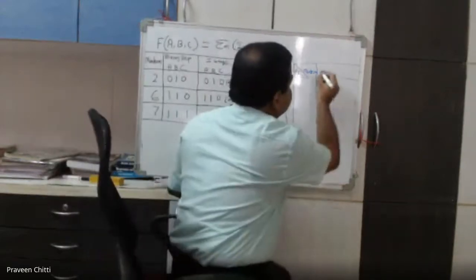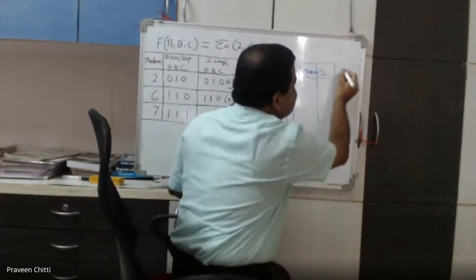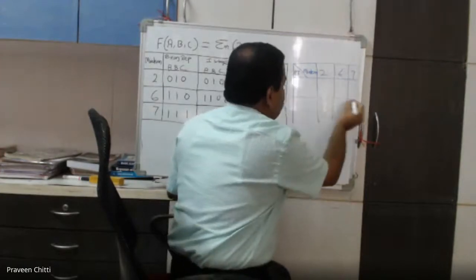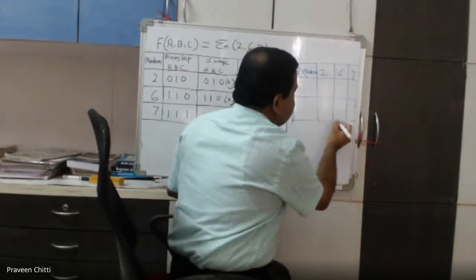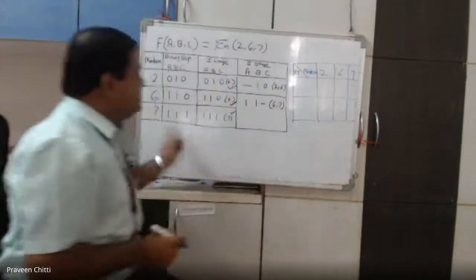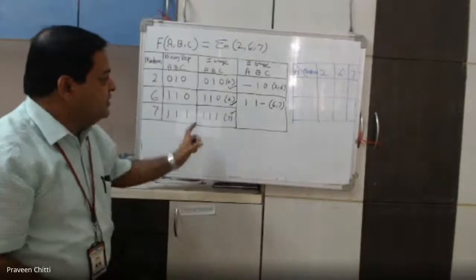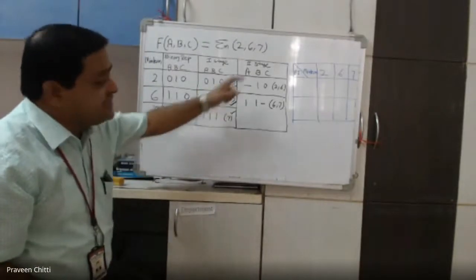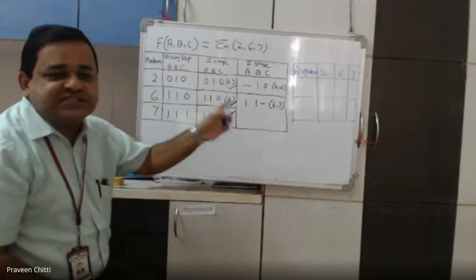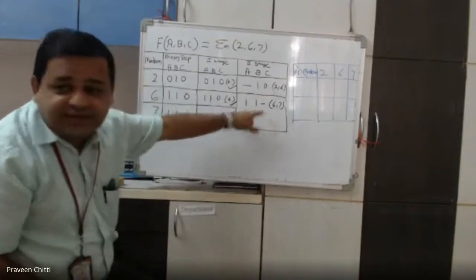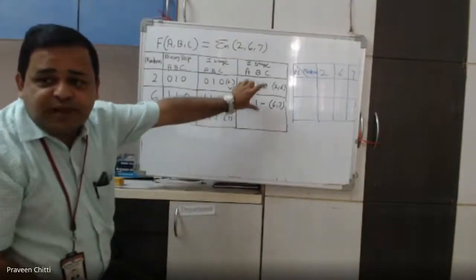In the columns you should write 2, 6, and 7. And how many prime implicants have we got from the previous step? Prime implicants means all those which are not ticked in stage 1, stage 2, stage 3. Here all are ticked, but these 2 are not ticked. So these 2 are called prime implicants.